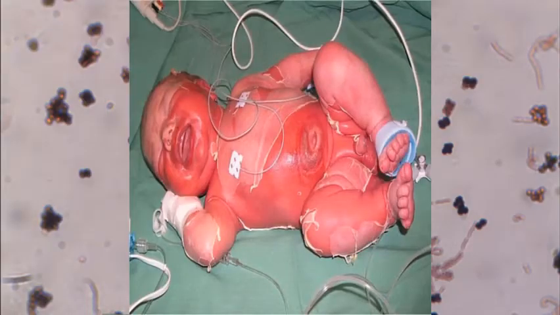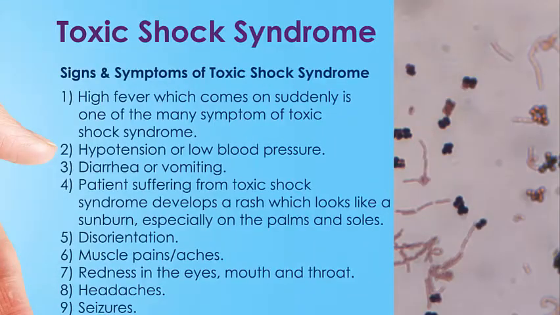Staphylococcus aureus causes a lot of different syndromes like Ritter's disease, vomiting, diarrhea, abdominal pain, so intestinal alterations. Toxic shock syndrome is characterized by fever, macular erythematous rashes, hypotension, multi-organ involvement, and desquamation of palm and sole.